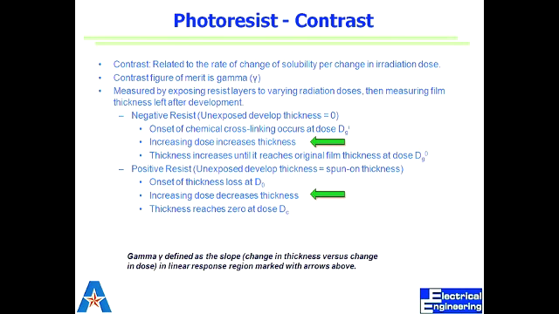There's a basic difference in the chemical reaction, which results in a difference in the contrast that we can get from the resist. So it's the change of solubility per change in irradiation dose. So how does the solubility change with the dose?